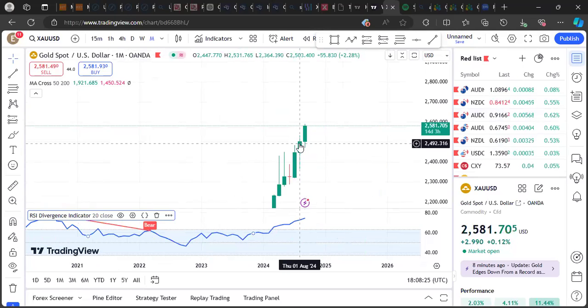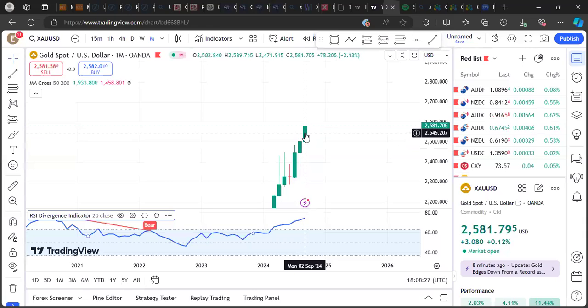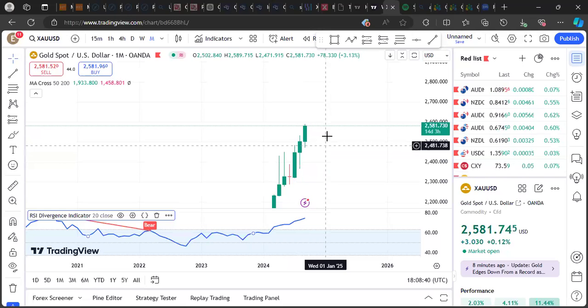What you want to know is where the market is trading relative to the previous candle. This is the previous candle, and this is the current market at 2581.